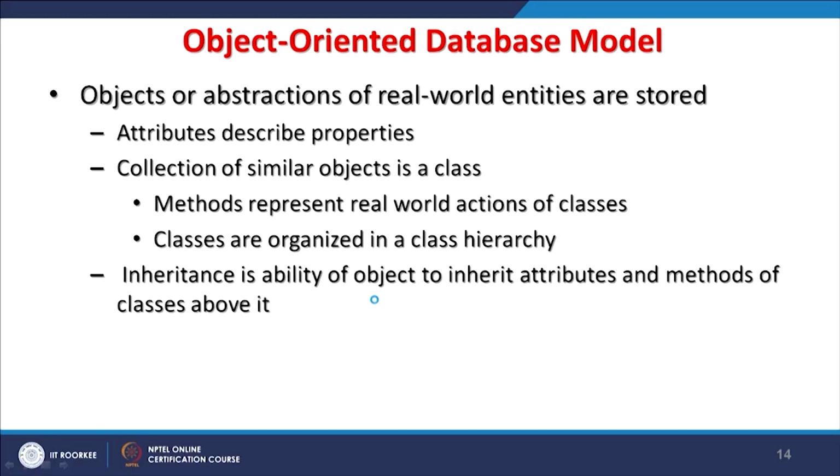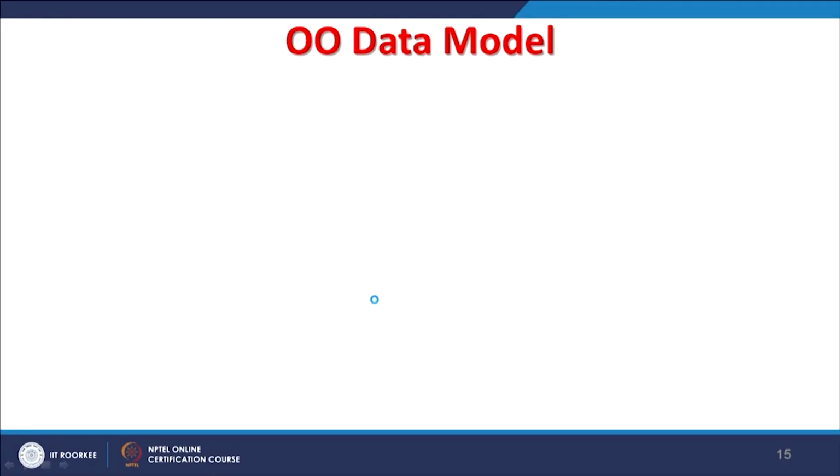The second point here is inheritance, the ability of objects to inherit attributes and methods of classes above it. Because this is object oriented, we handle each entity quite distinctly as compared to other database models.